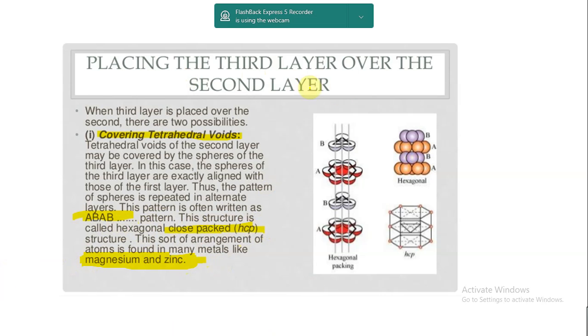Now you see how it is possible. This was my A layer, and if I place the atoms of the second layer in the vicinity of the first layer, then that will be my B layer. And if I place the third layer again in the vicinity of the second layer, then it will get aligned with the first layer, as we have seen in the video. So this is my AB arrangement, and the tetrahedral voids that were getting created will get covered by the upper layer.